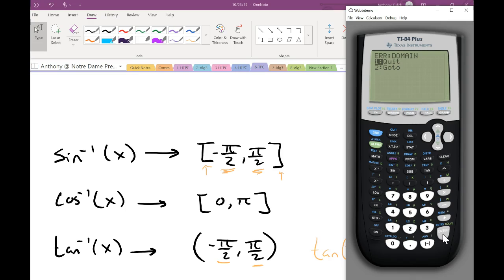I get undefined, I get the error here. So that's why we have to have a parenthesis there, because you can't do tangent inverse of undefined. That doesn't make sense. You can't do anything to an undefined. That's why we put the parenthesis there rather than a bracket. Sine has no asymptotes. It's defined everywhere. Tangent has those asymptotes, so we have to be a little bit careful there.